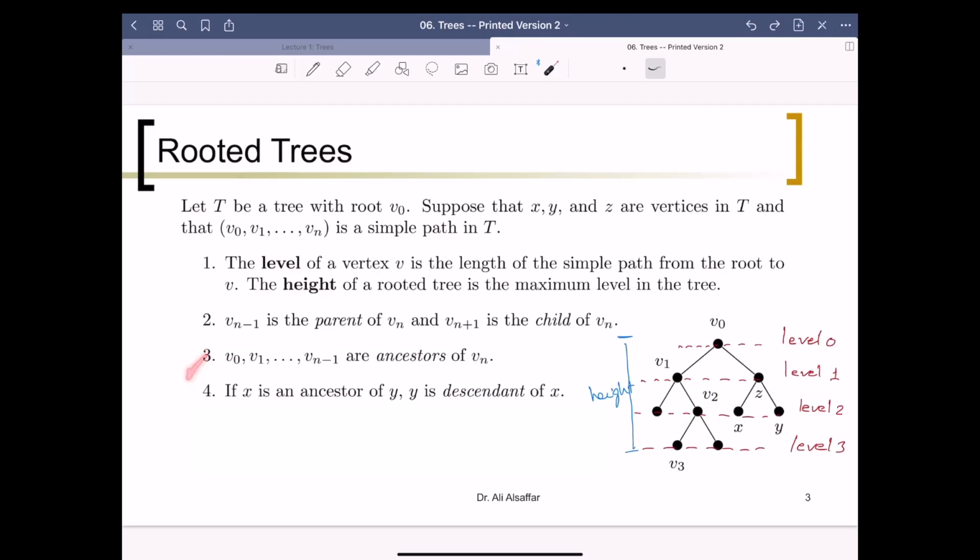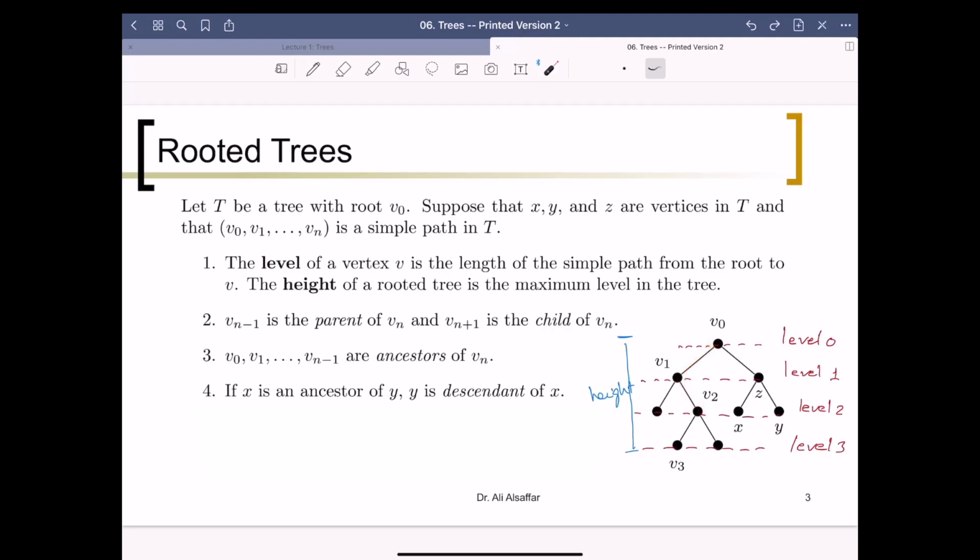Now, if we have a path, let's say from the root until we reach a certain vertex, which is V3, all vertices on the path except V3 will be ancestors of V3. So the ancestors of V3 are V2, V1, and V0.